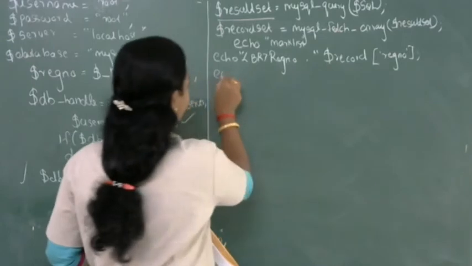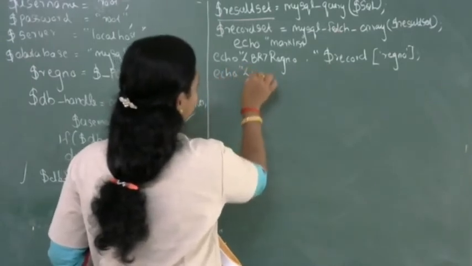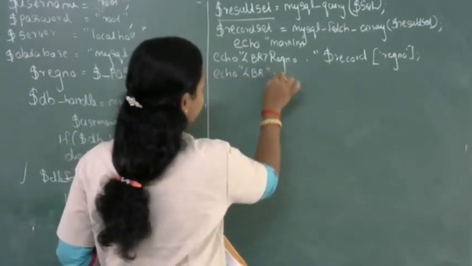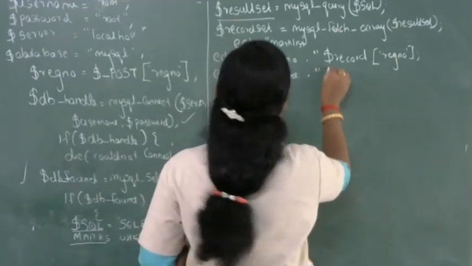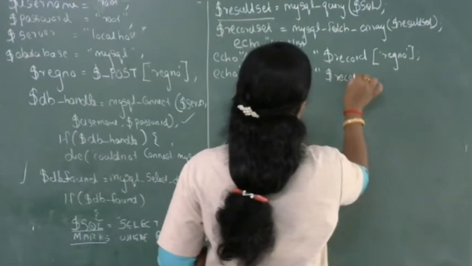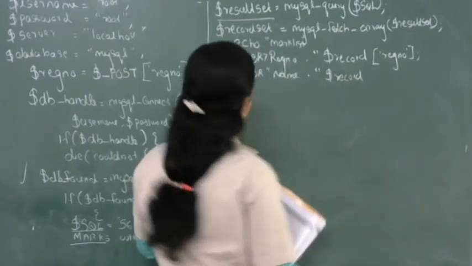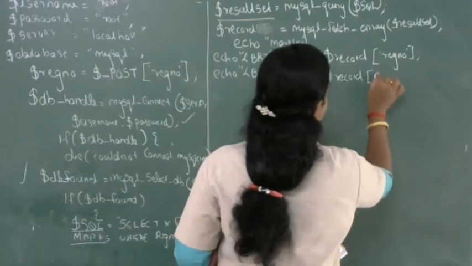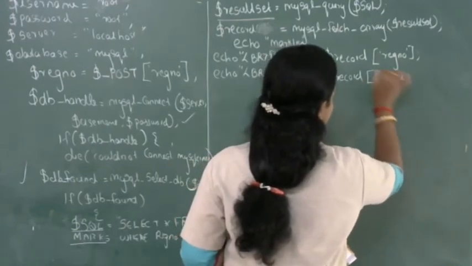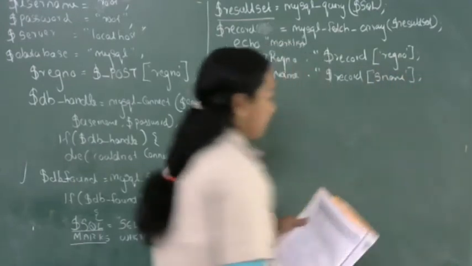Then echo BR, name dot $record of SNAME. Okay, like this.